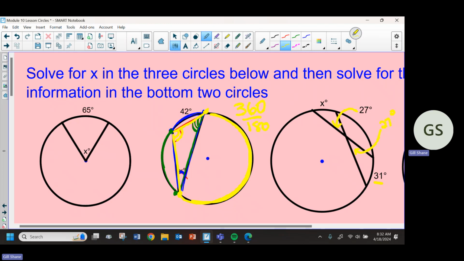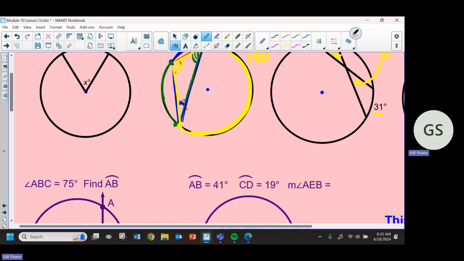So for that formula where they cross inside, this is the formula I've given you. I take the measure of the arcs and I add them together. So that's where I did arc 1 plus arc 2 when we did this in class. You should have that written down somewhere.